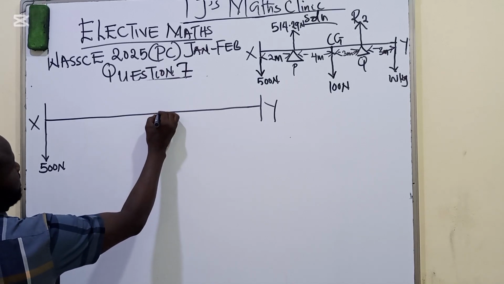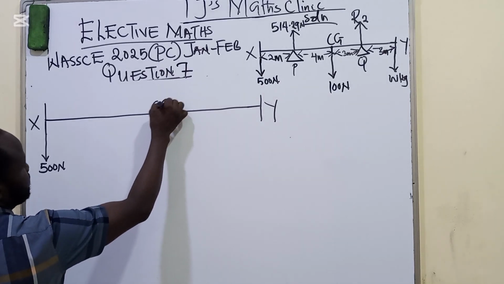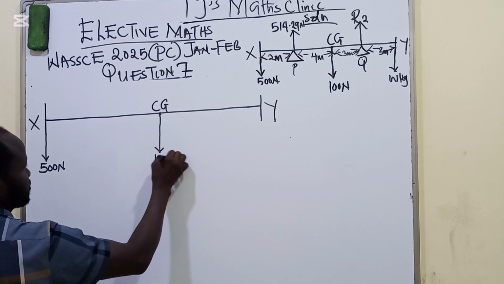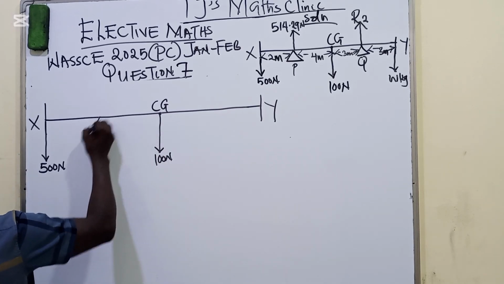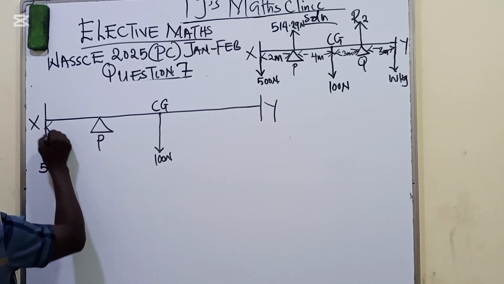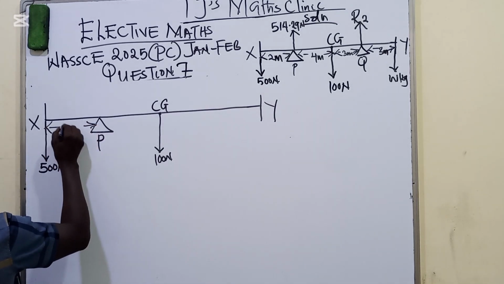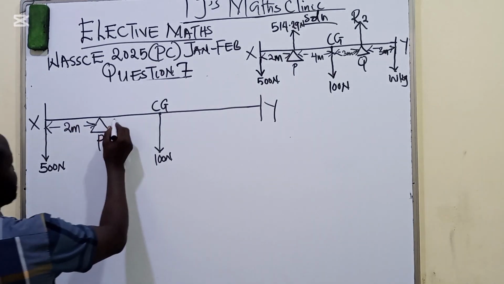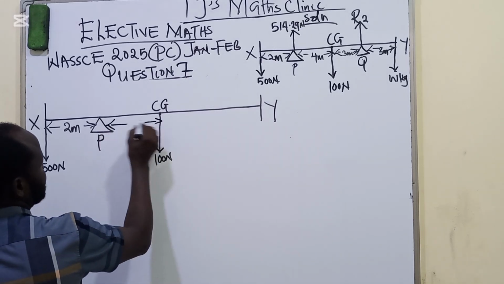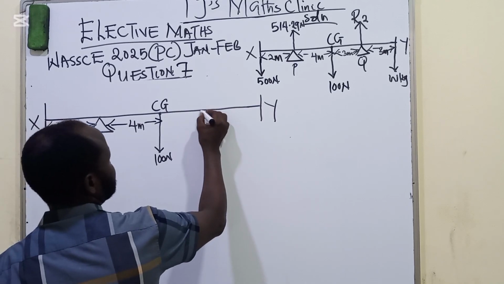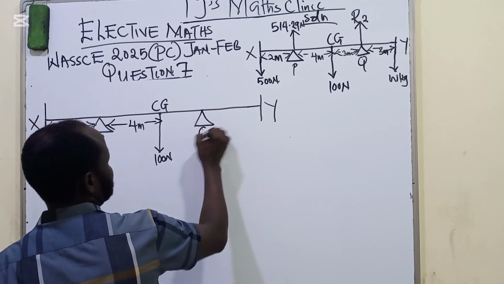Then we have the center of gravity here, CG, which is 100 Newton. We have a support here at P, which is 2 meters from X. Then the remaining length here is 4 meters. We have another support here, which is Q.